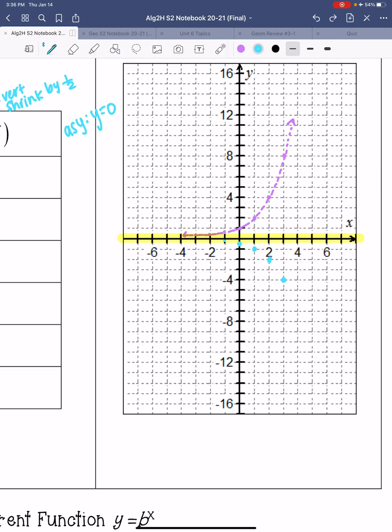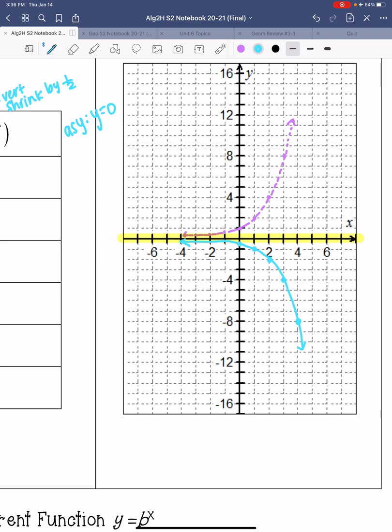Half of 16 is 8. So we're going to get 4, negative 8 for our next one. All right, now let's connect it. I'm using a solid line to show that this is my final graph. And that's what it's going to look like.